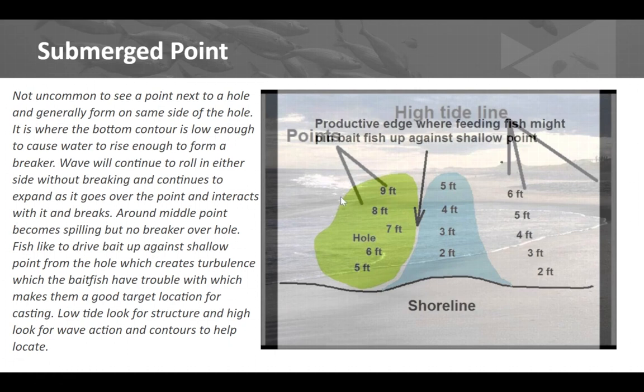So generally, as you can see, this one is your depth noted out on an example. So you're going to have a breaking wave that happens out here. It's going to start nice and big before it starts to spill over, and then create into a plunging wave here.